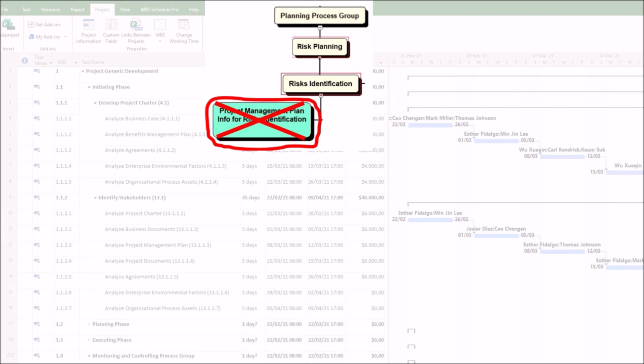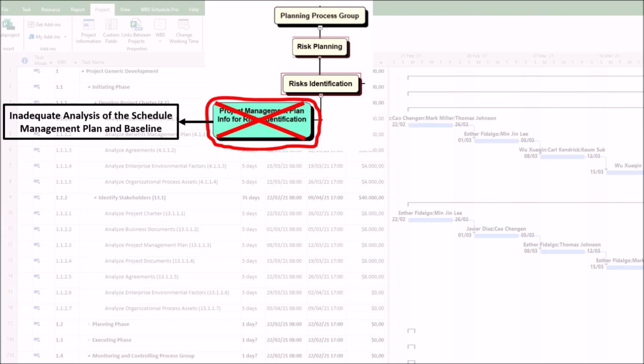Fourth, ineffective risk responses. Even if some risks are identified, without the context of the plan, the team cannot develop effective response strategies. The responses will be superficial and will not address the root cause. Below is a detailed analysis of how inadequate analysis harms the process.